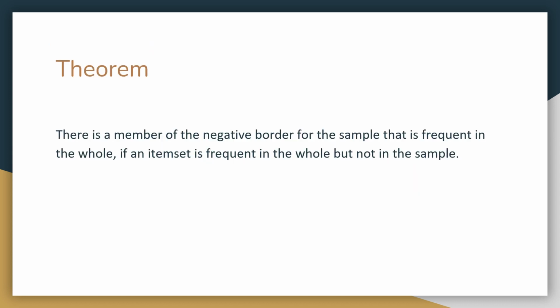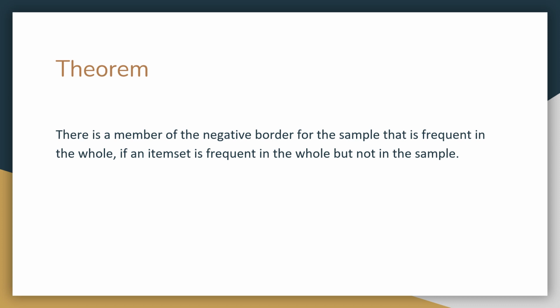Since you guys now have a brief understanding of what the negative border is and what frequent items are in the given sample, this is just a theorem to take home. So what is the Toivonen theorem? There is a member of the negative border for the sample that is frequent in the whole if an item set is frequent in the whole but not in the sample.